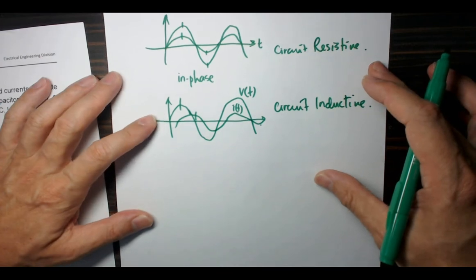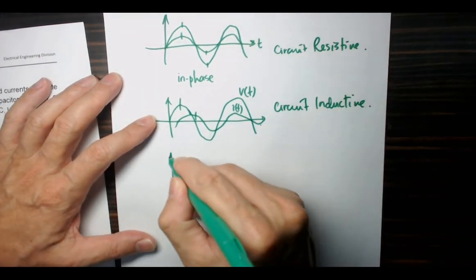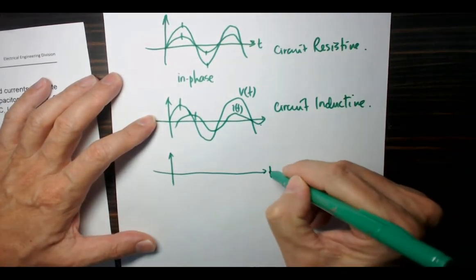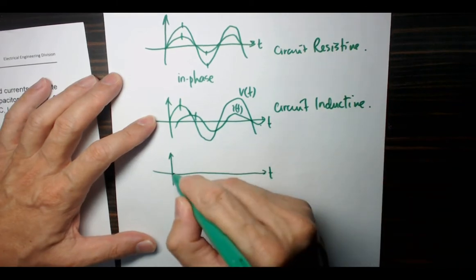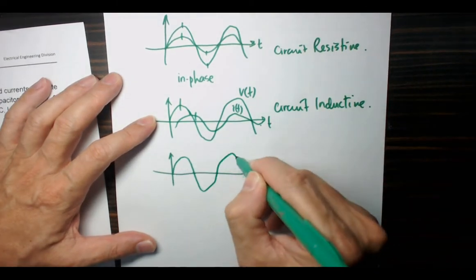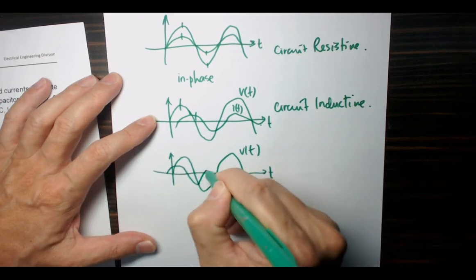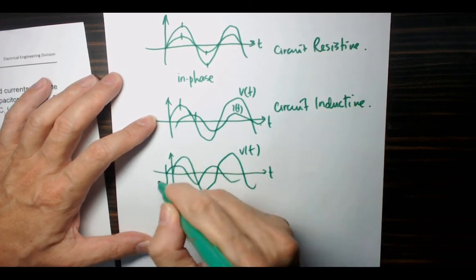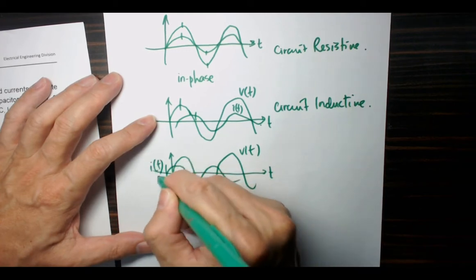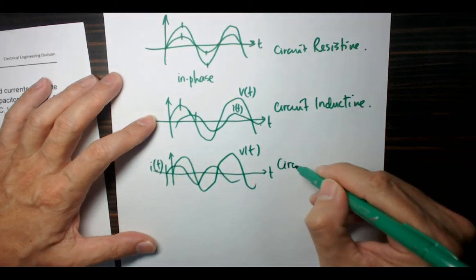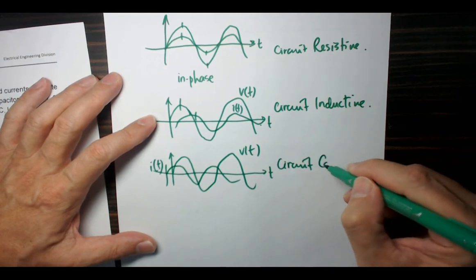right? And then finally we have when the current is ahead of the voltage waveform. This is the voltage and the current is ahead of it, like that. Now in this situation, we say our circuit is predominantly capacitive.